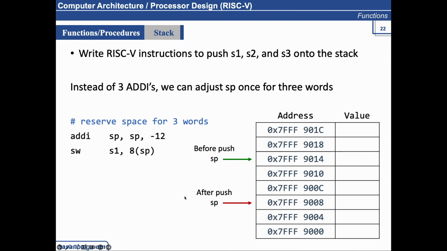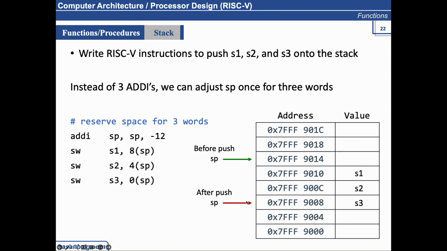Yes, because SP is now pointing to this location, and we are performing a store operation at SP plus 8. SP plus 4 plus 8 is this, so S1 will be stored here. Then we push S2 here and S3 here. S3 is added last, so it is at the top of the stack.